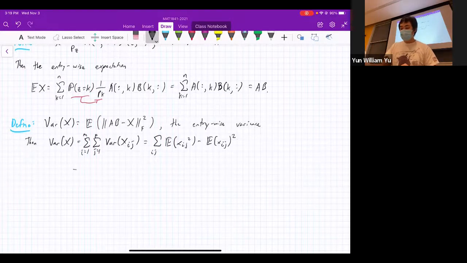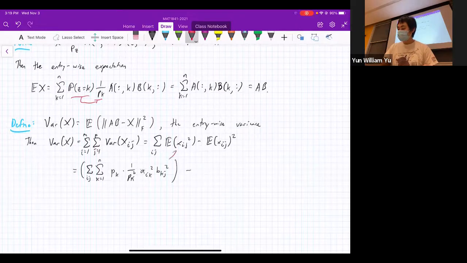And what we're going to do is break this out a little bit more. So sum over ij, sum over k equals 1 to n of p_k times (1 over p_k) squared times A_ik squared B_kj squared, minus, so that is this bit, right?